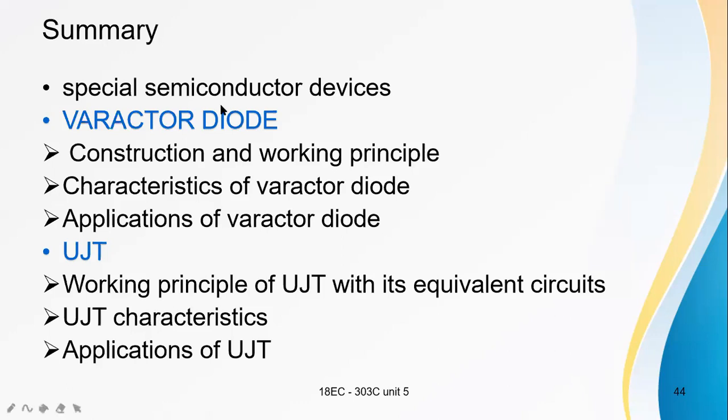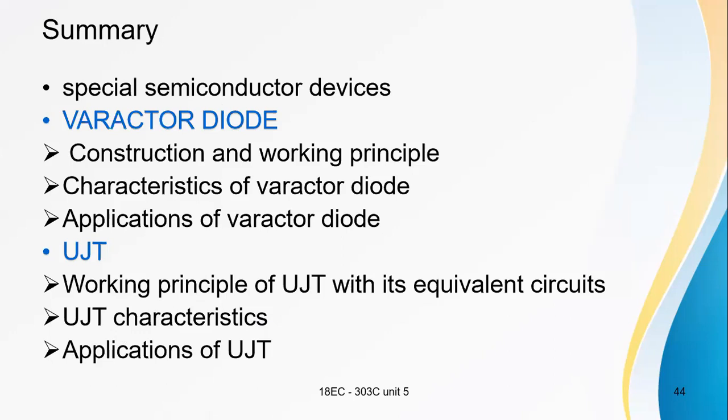UJT characteristics are divided into three regions: cutoff region, negative resistance region, and the saturation region. Now, in the cutoff region, the device is in the off state, and then in the negative resistance region, the device is in the on state, and the emitter current increases with the decreased emitter voltage.